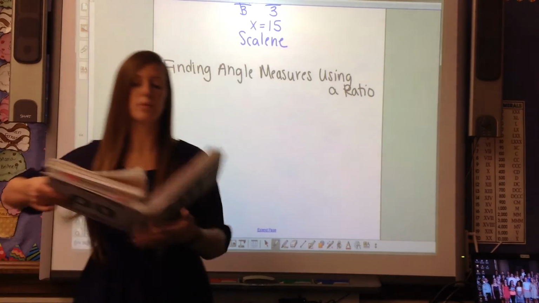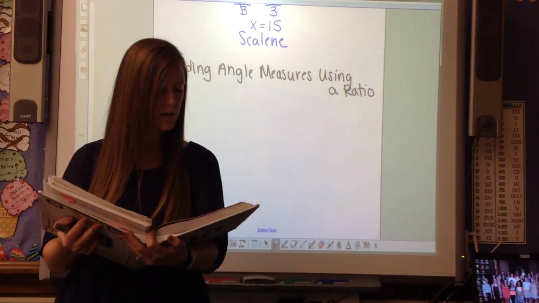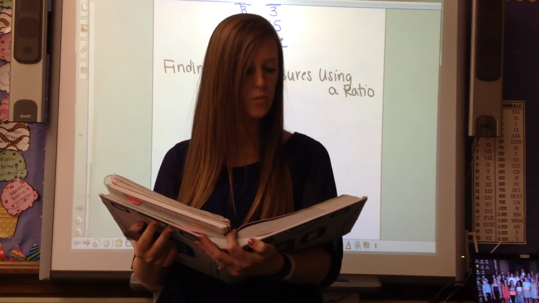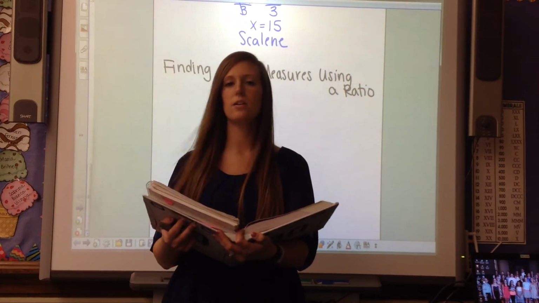So you might get a problem that says something like this. The ratio of the angle measures of a triangle is 7, 9, 20. Find the angle measures, then classify the triangle by its angle measures.